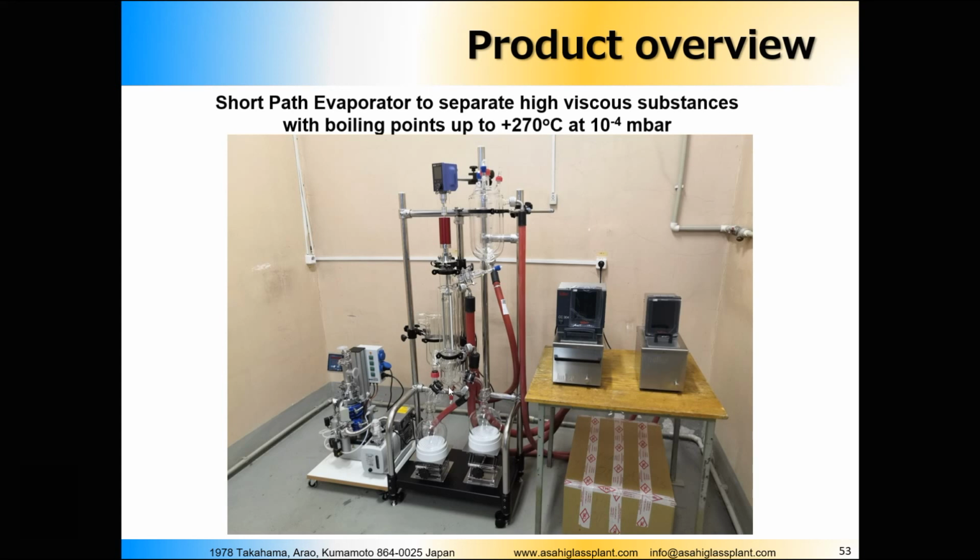That's why they have the jacketed bottom part. And as I told you, we are going down to 10 to the minus 4 millibars. That's why we have this diffusion pump system together with a fore vacuum, which is created by the rotary vane pump.